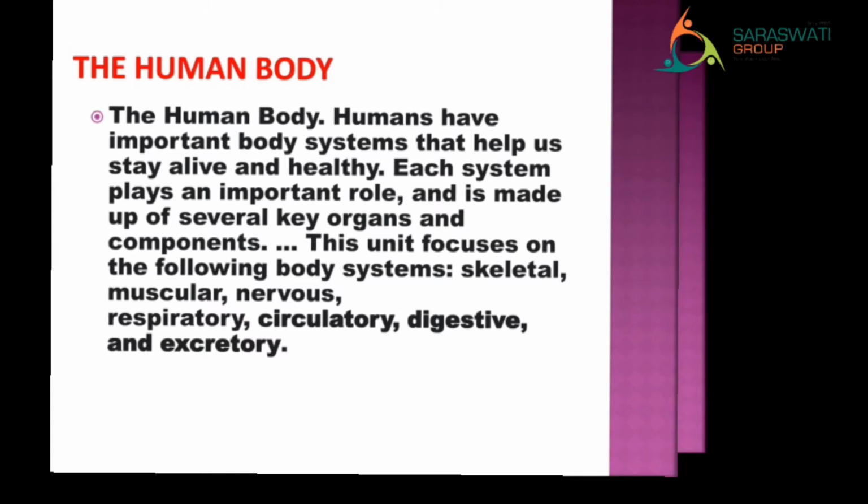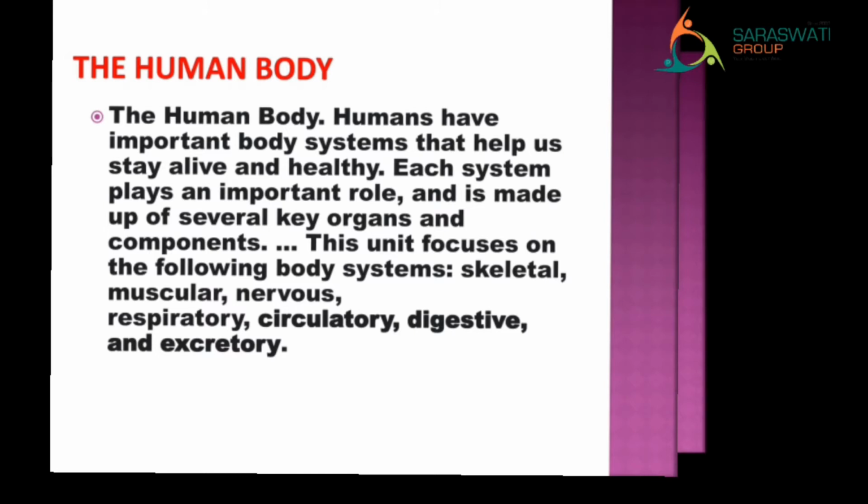Each system plays an important role and is made up of several key organs and components. Kids, our body is made up of so many body parts, right? All have a different role and all are made up of several key organs and components, right?